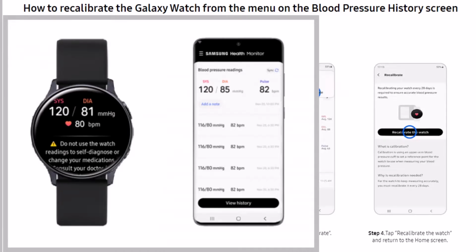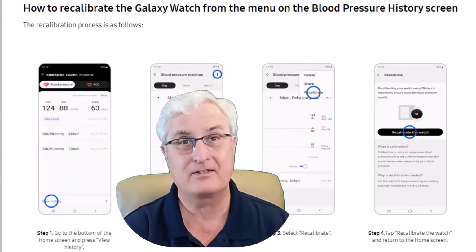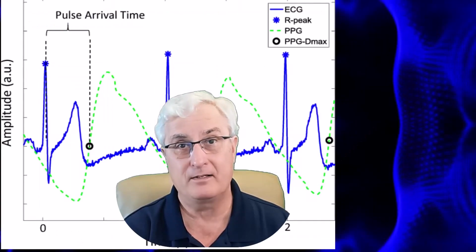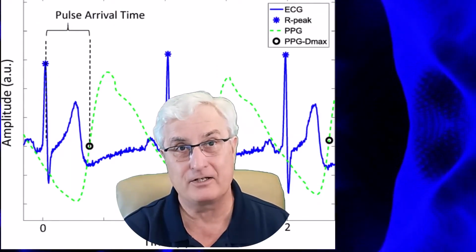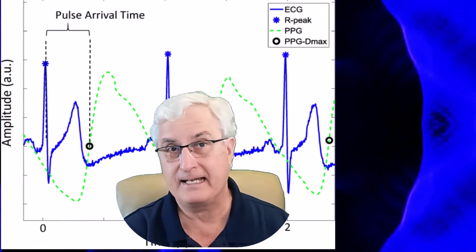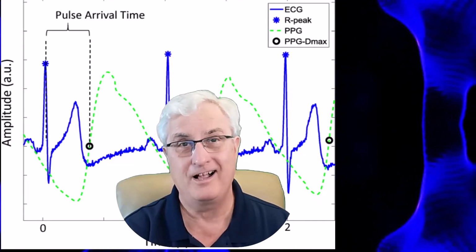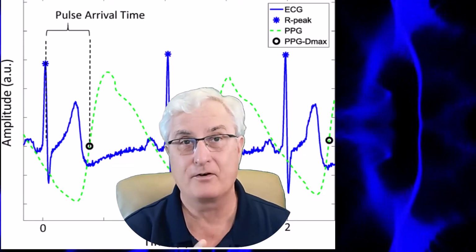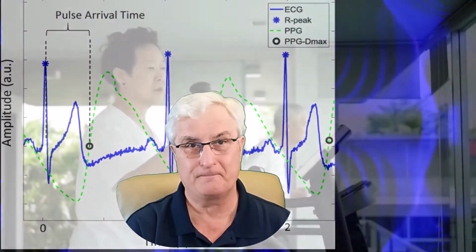You're then going to enter that into your watch, and that's going to calibrate it because we know what your pulse is at that particular time. And this is going to calibrate the amplitude of your pulse, and we're going to use that as a reference point for that specific blood pressure. Now, once it's calibrated, let's say you go out and you're doing some exercise and your blood pressure goes up.